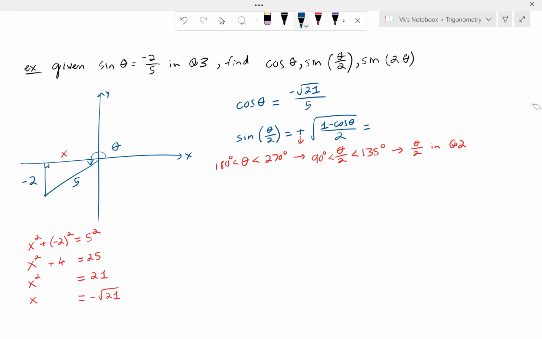Now just do the substitution in here. Square root of 1 minus the cosine, which is negative root of 21 over 5, and then divide by 2. Simplify this, and we have root of 5 plus root of 21 over 10. Yeah, whatever that is.